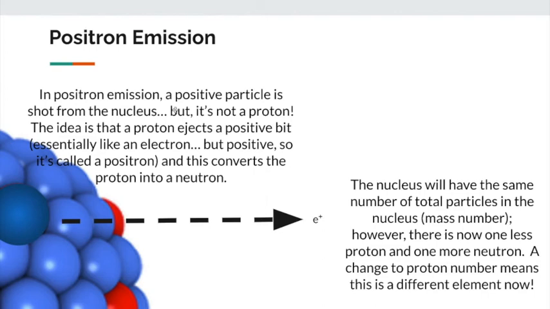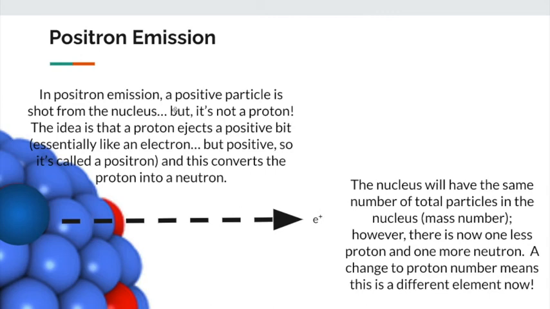Now this is kind of weird. It's like some kind of particle, the size and characteristics of an electron, super tiny, super light, but positive. And when that proton shoots it out, what's left is pretty much like the proton was, but it's now neutral, which would pretty much make it a neutron. And that's what's happening here.